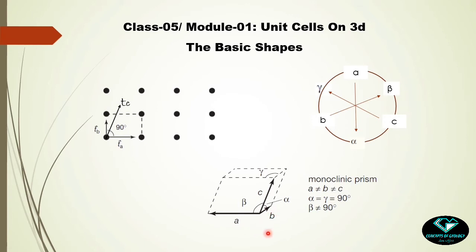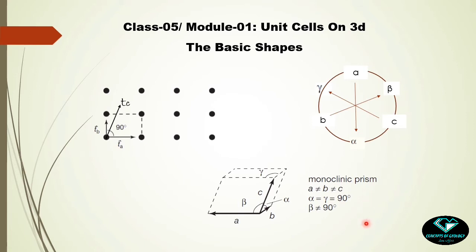Here look, only one axis is inclined and the other 2 axes, TA and TB, are perpendicular to each other. So this is called monoclinic because here only one axis is inclined. Remember, in the case of triclinic we had all the 3 axes inclined.